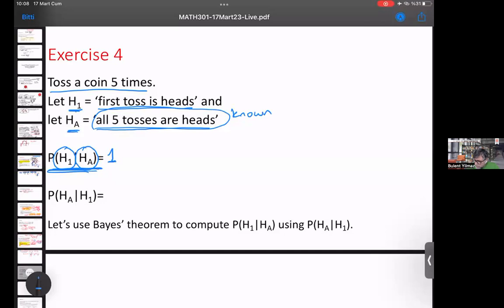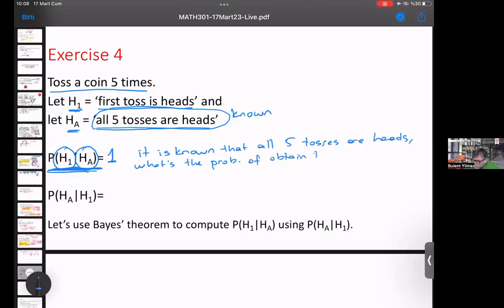So, this problem: it is known that all 5 tosses are heads. What is the probability of obtaining the first toss as heads?